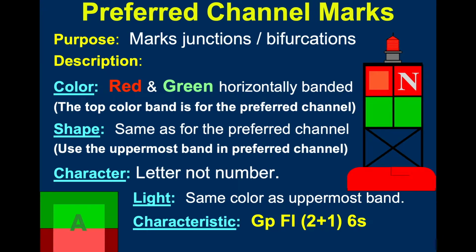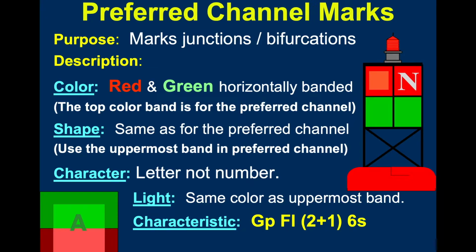All right, next we're going to talk about preferred channel marks. These have a couple different names and can get a little bit confusing. Preferred channel marks are also called junction or bifurcation buoys. You'll commonly hear them called junction buoys. These are always red and green, horizontally striped or banded.